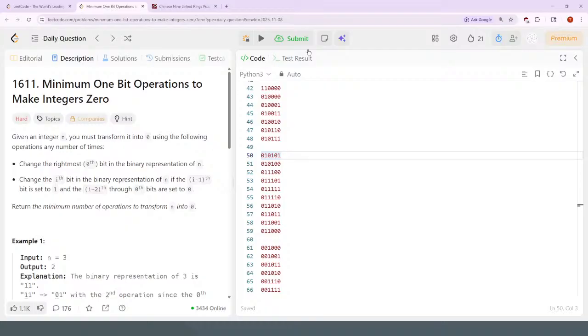If I ignore the starting 0, 1, can I reduce the problem to something that is easier in some ways? 0, 1, 0, 1 to become 1000. 0, 1, 0, 1.